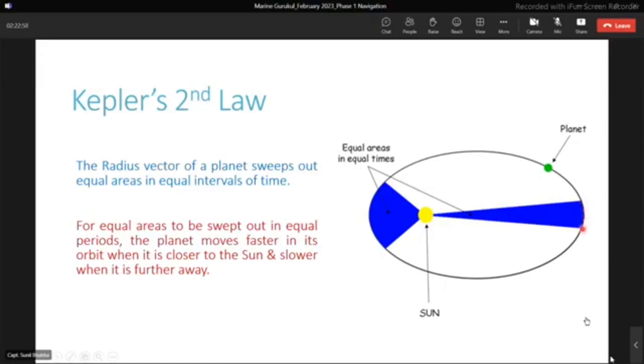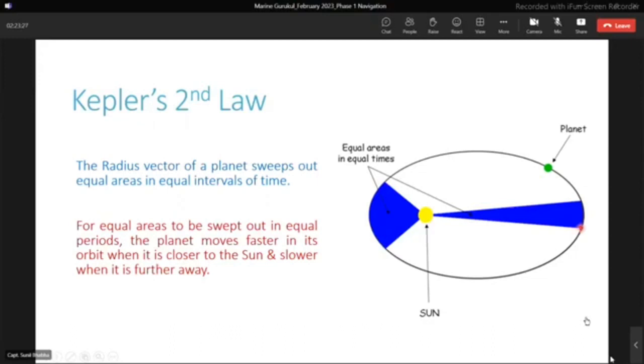So, it gives us an indication that the planet moves faster when it is closer to the sun. You can see this is the sector where it is closer to the sun, and the planet has moved quite fast in its orbit. And when the planet is far away from the sun, it will move very slowly as compared to the previous instance.